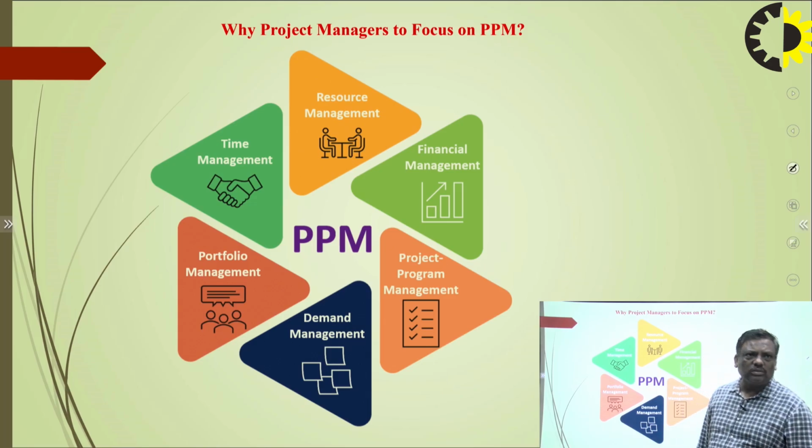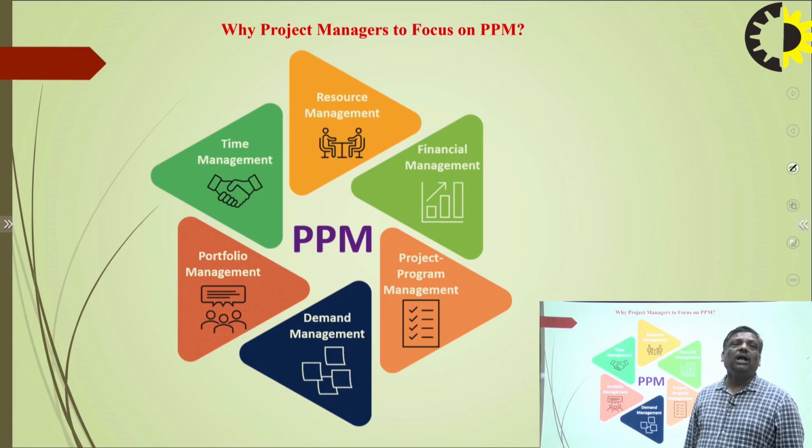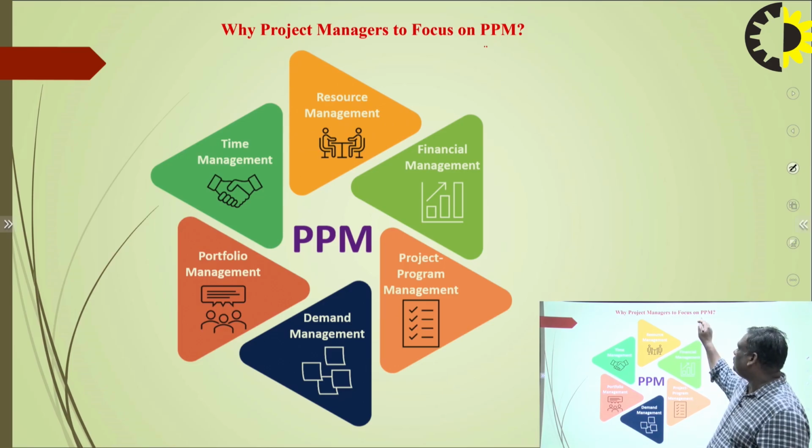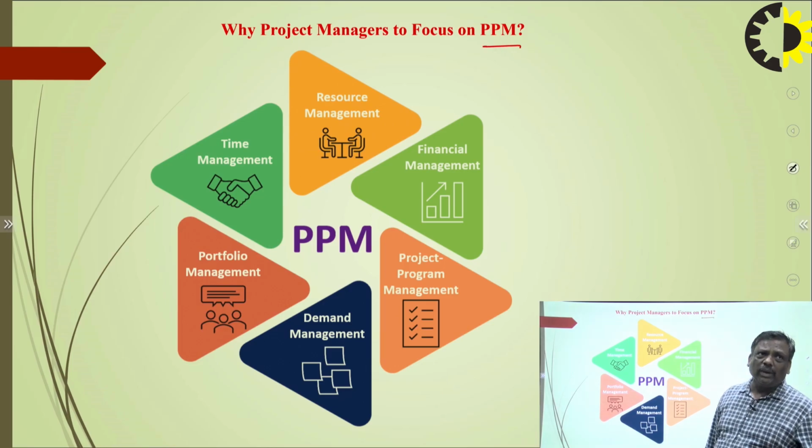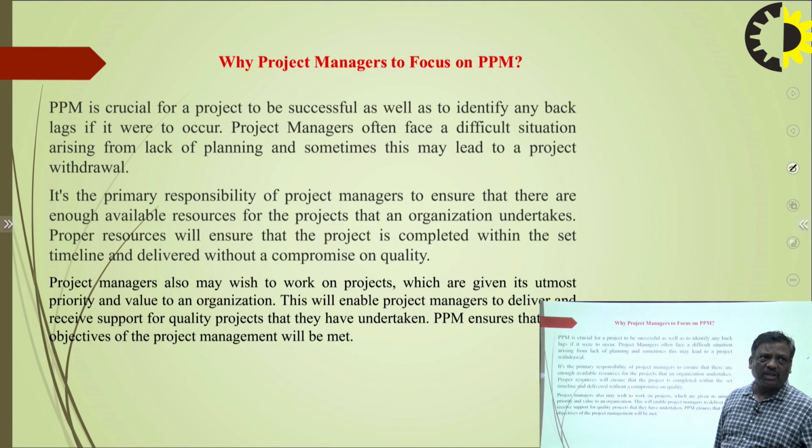So resource management, financial management, program management, demand management, that means requirement management, portfolio management also, and how to deliver our project on time, that means schedule management or time management. So all these are managed at a single point, that is PPM. So managers focus on this term PPM.